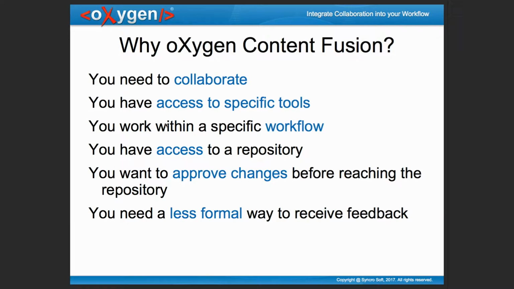Some of the reasons I already mentioned. I don't think anyone can work alone, without any interaction with other people. So there is a clear need to collaborate. And as a technical writer, you may have access to specific tools, XML tools, but the people that you want to collaborate with, they may not have a license for those tools, right?